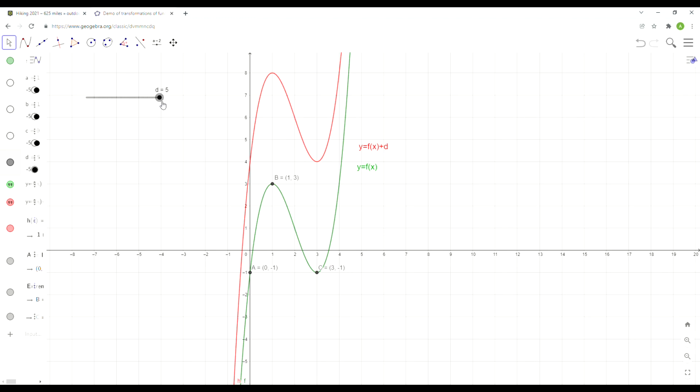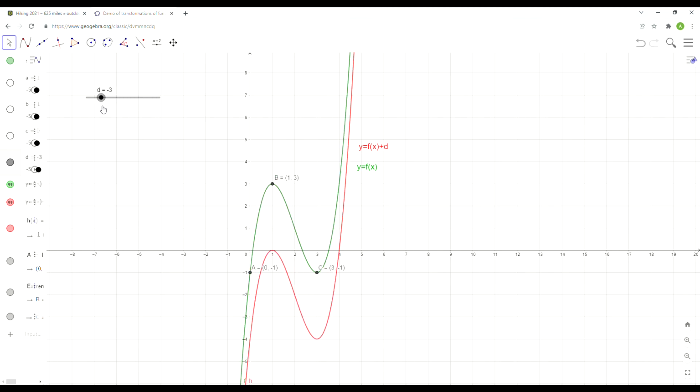If d is negative, of course, the curve moves down. And again, it doesn't change shape. Your y-intercept changes because the curve is moving up and down here. Your turning points are still in the same place because your curve hasn't changed, but they move up and down.